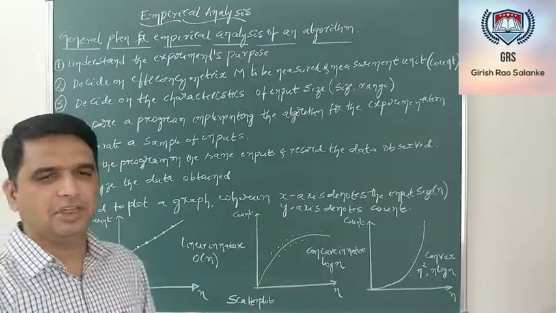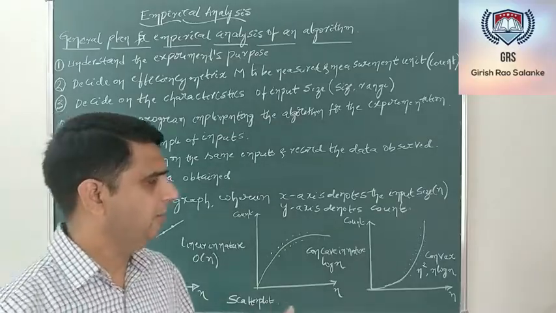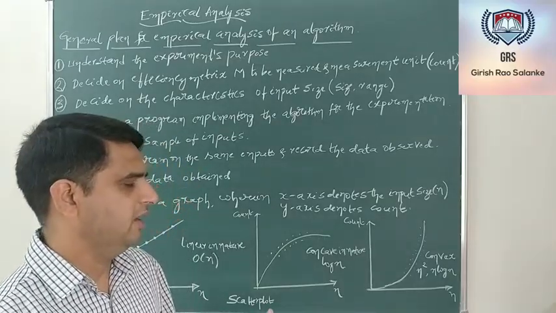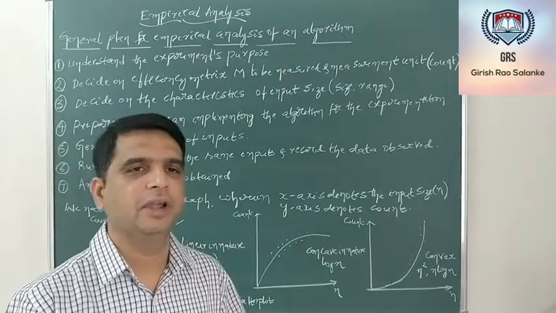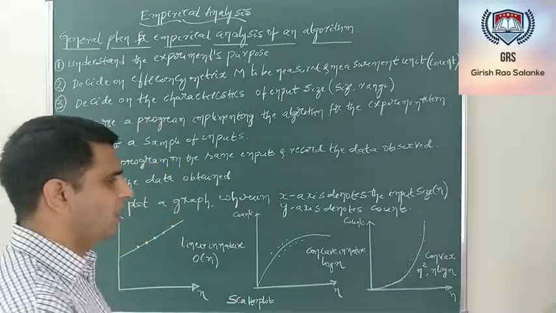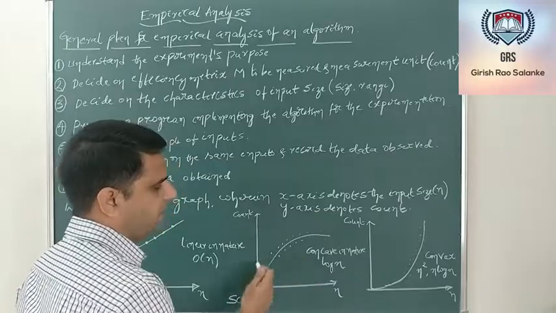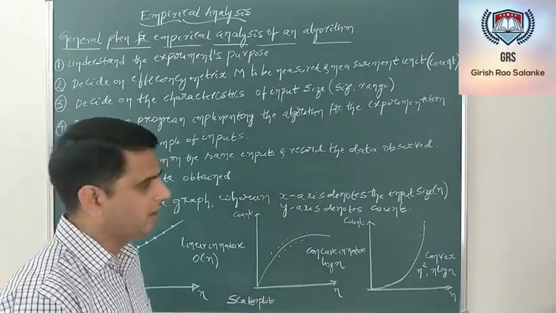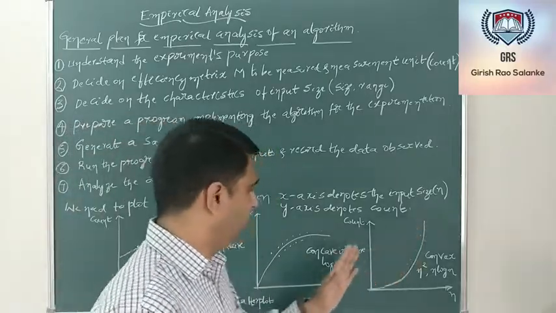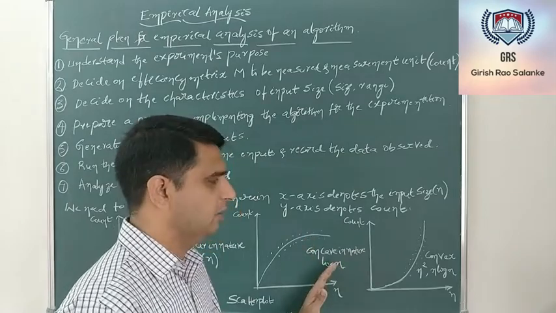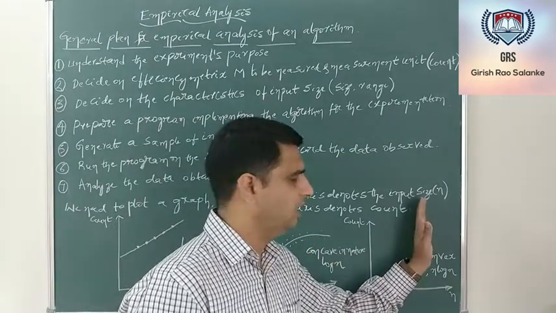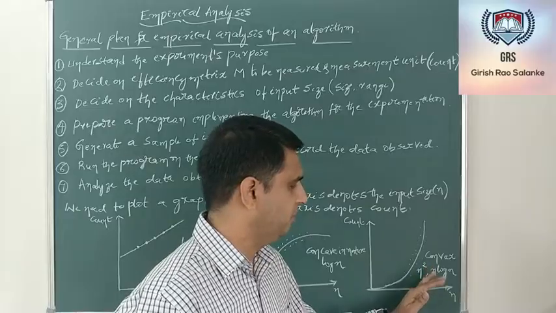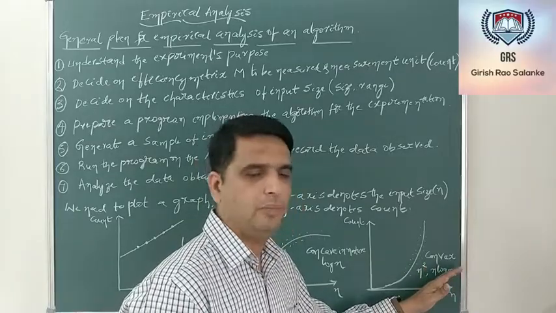These are the general observations that we may come across when we do the empirical analysis for a particular algorithm. If it is concave in nature, the efficiency class would be logarithmic. If it is convex in nature, then the efficiency class would be either quadratic or n log n.